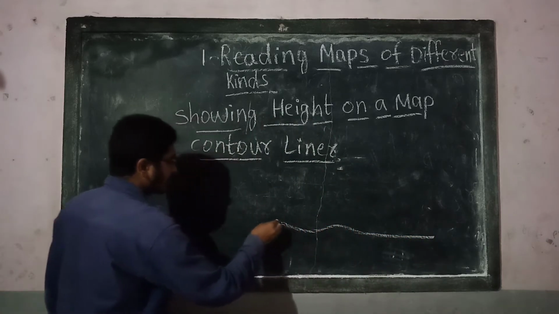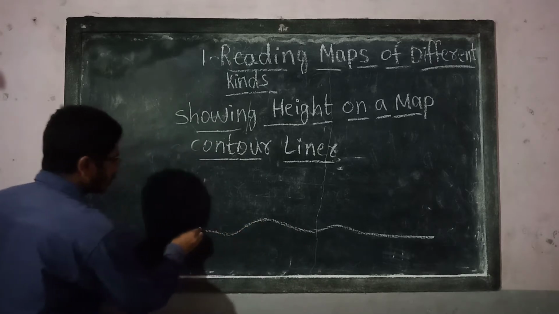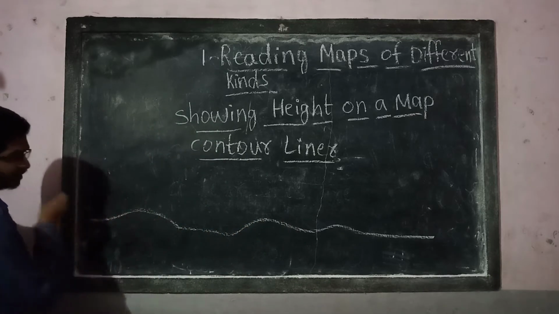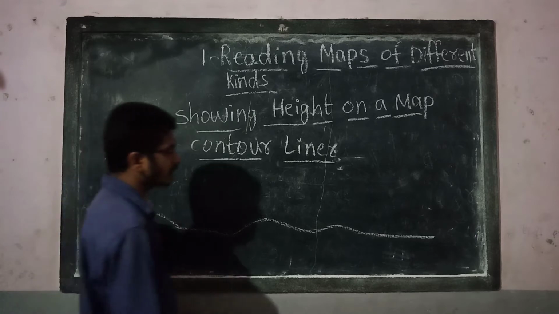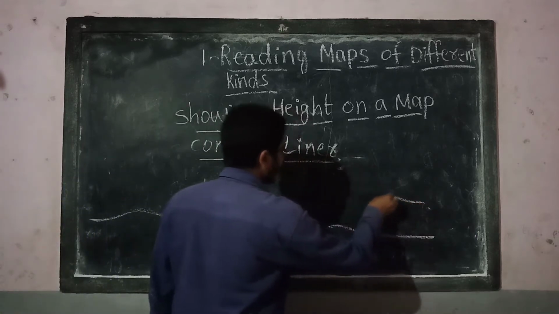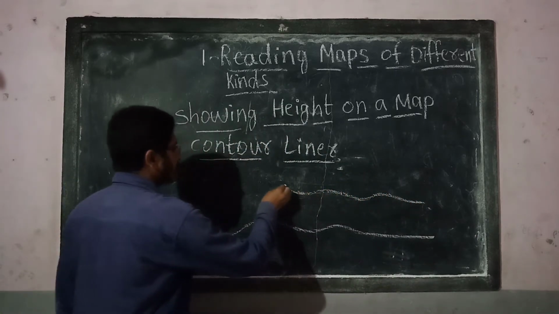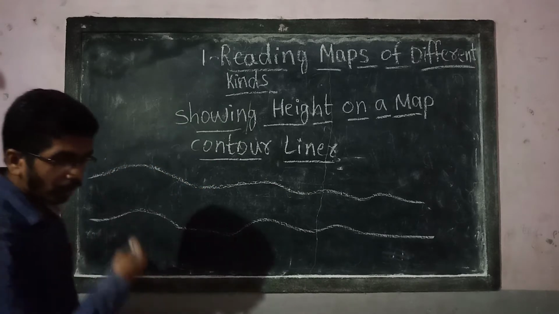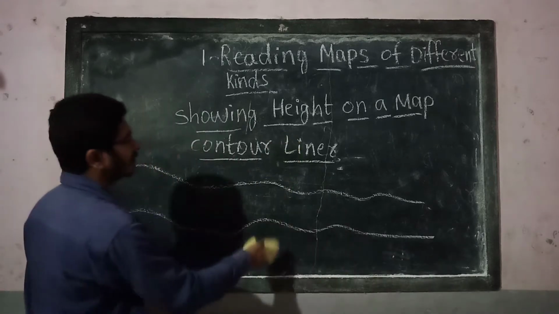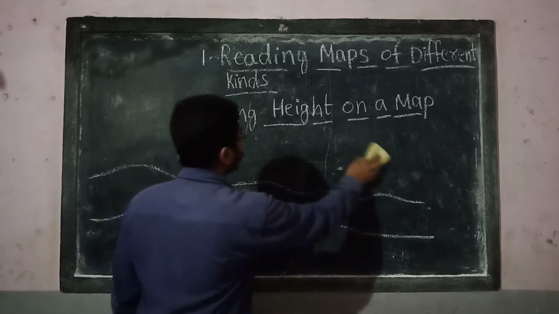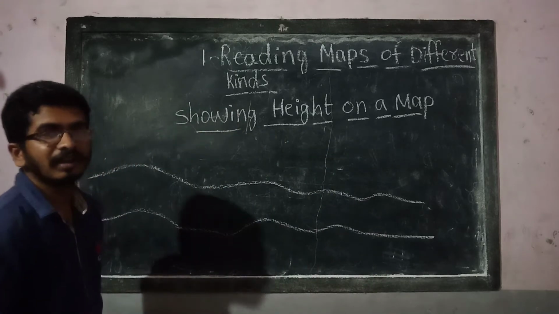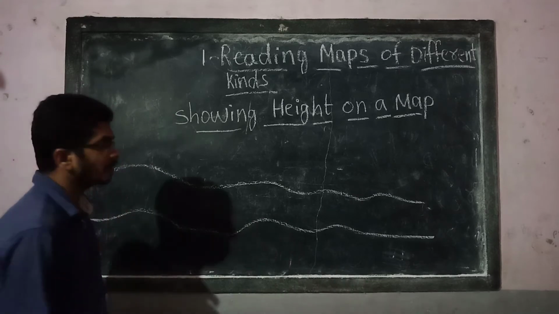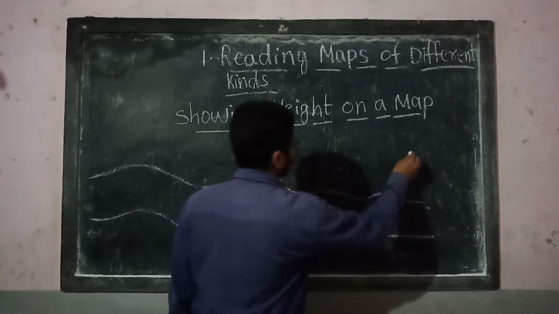It is not in the same straight line. It might be like this. Next, if you take the 50 meters, it might not be the same. It might be straight or it might be higher. So how can we calculate heights? There could be chances of different heights coming up. That I will explain to you today.